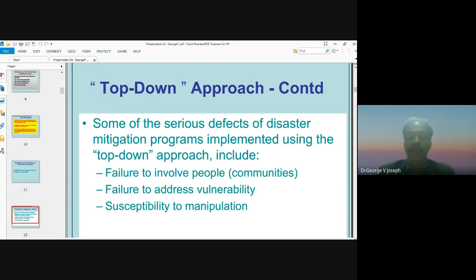After getting these houses, they sold them off. So without understanding the real needs of the people, programs are likely to fail.